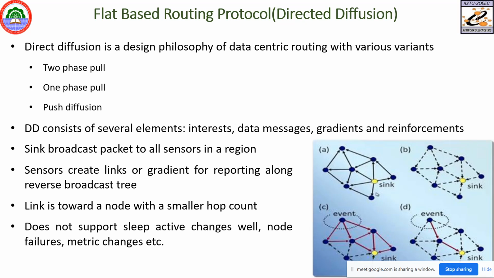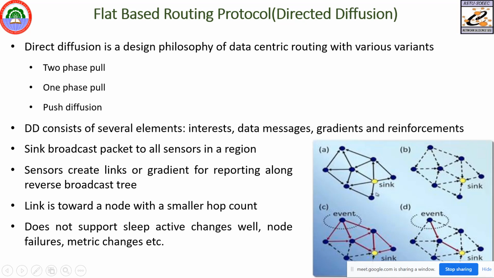As we can see here, the sink node is broadcasting to all the neighbors. Then this node is also broadcasting to its neighbors. Once that broadcasting has occurred, in the second image we can see the dotted lines. These dotted lines are the gradients, establishing the reverse path. Once the reverse path is established, let us assume an event occurs at this particular node.